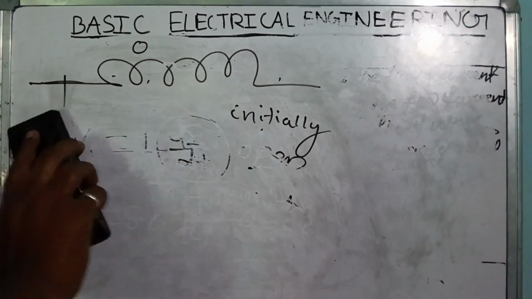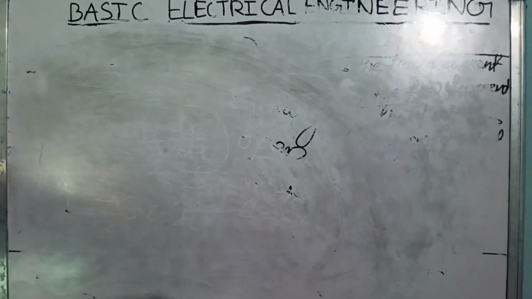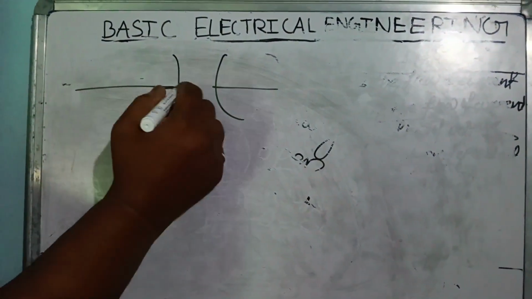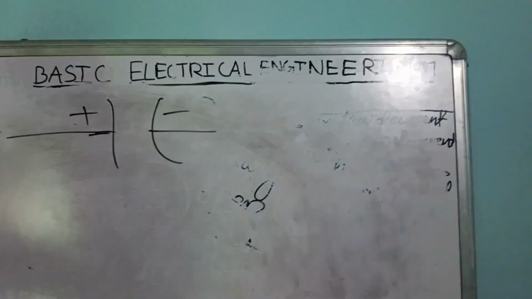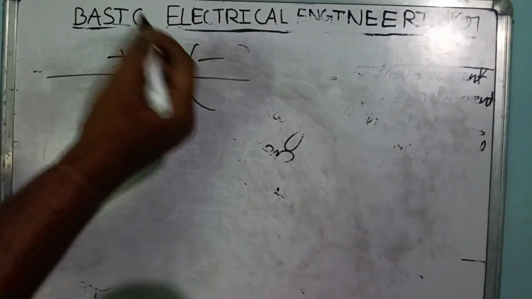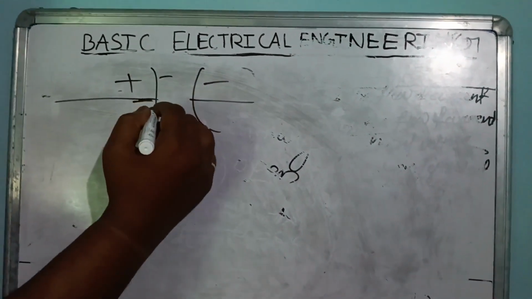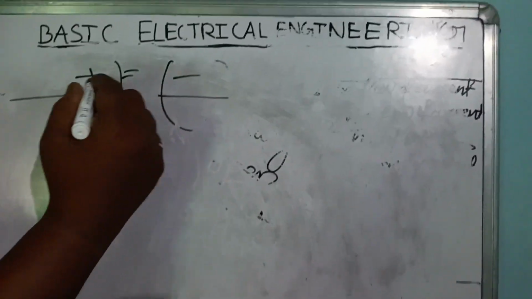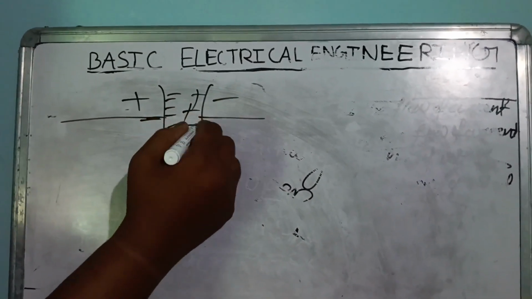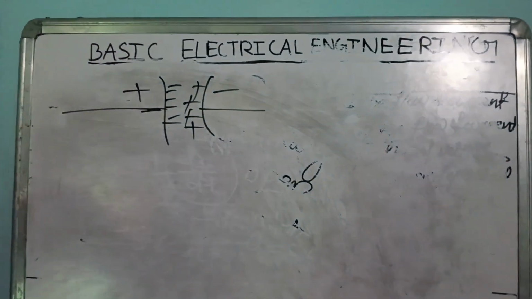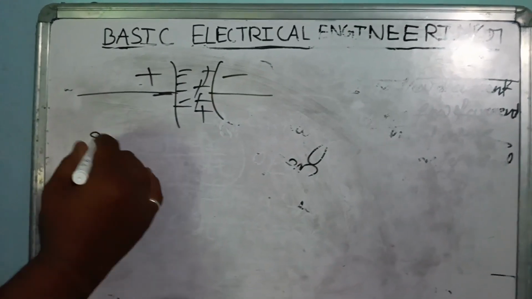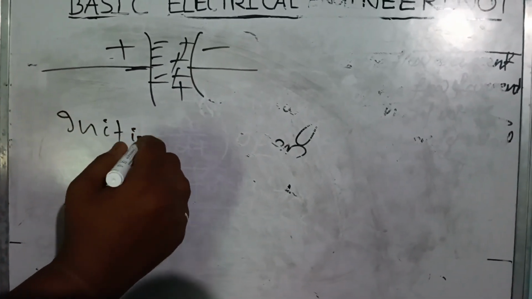Similarly, in case of capacitance, suppose this is a capacitor, two plates, this is the positive and this is the negative plate. When voltage is applied, a negative charge develops in the positive plate and a positive charge develops in the negative plate. So the capacitor initially behaves as short.